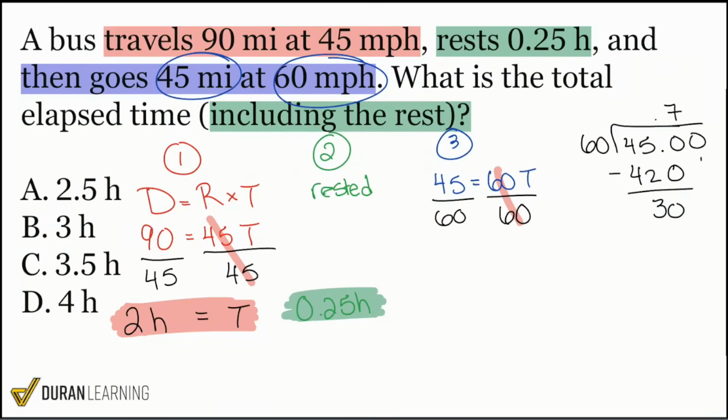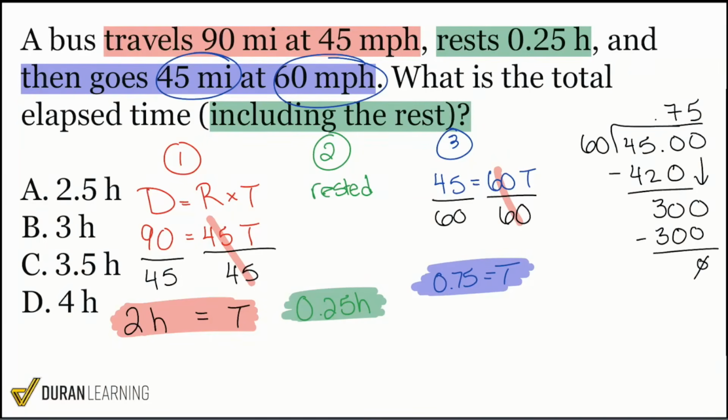We'll drop the 0 here, giving us 300. 60 goes into 300 a total of 5 times, and that's clean, because 60 times 5 is 300, giving us no remainder. So the time that we took on part 3 is 0.75 hours.